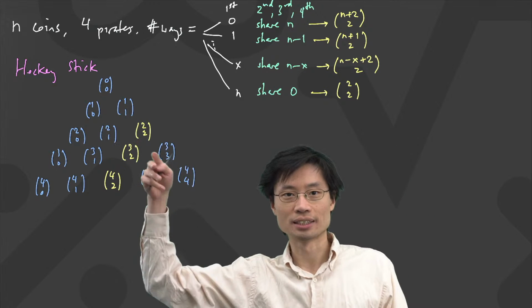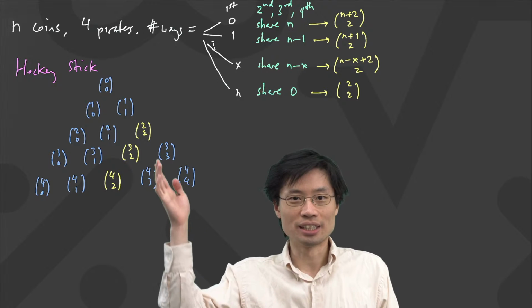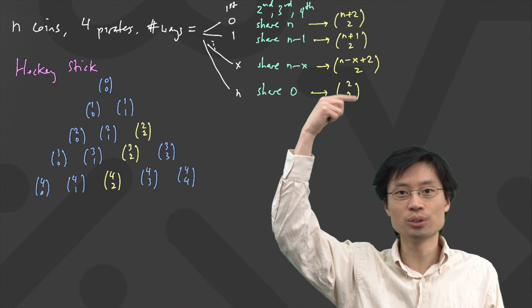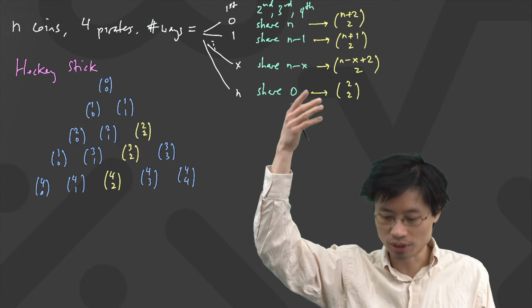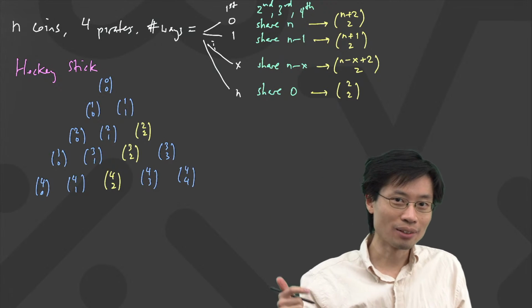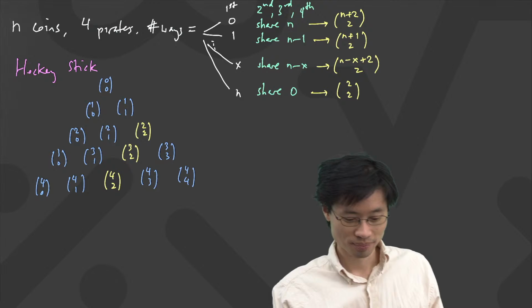So I've written all of this. But magically, somehow we know that if I add these, 2 choose 2, 3 choose 2, 4 choose 2, all the way up until n plus 2 choose 2, somehow the answer is supposed to be n plus 3 choose 3.